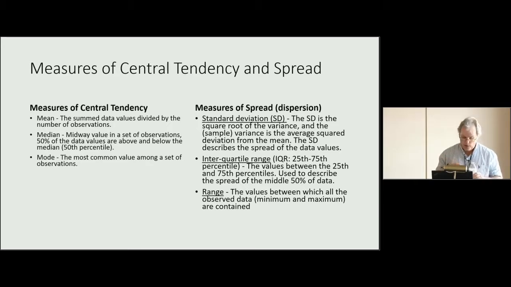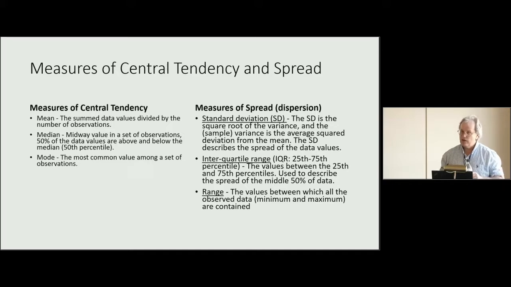So the interquartile range really is used to describe the spread of the middle 50% of the data. And then the range. This is the values between which all the observed data are contained, the minimum and maximum. So these are the common measures we use to summarize data.